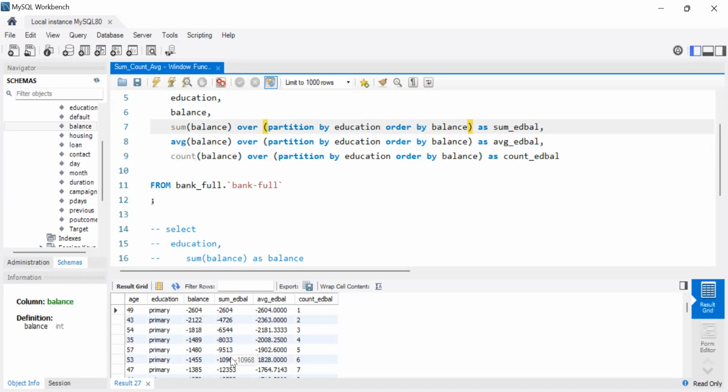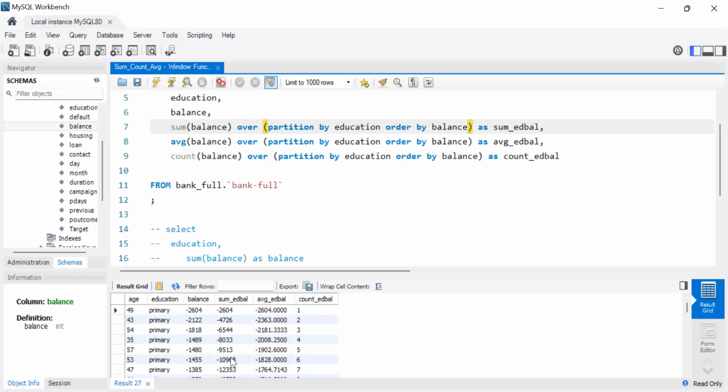Ah, I think I get what it's doing. But that's what I wanted it to do. I get what it's doing.